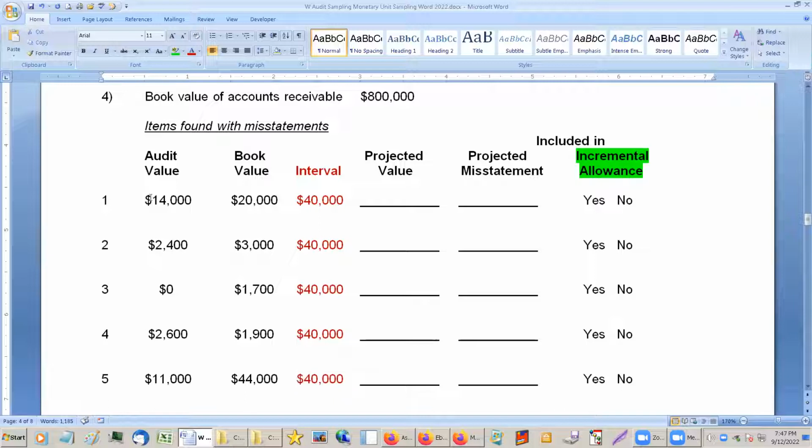We'll come here. All right, and we get a projected value, whatever that is. 8,000, I think, isn't it? Let's see.